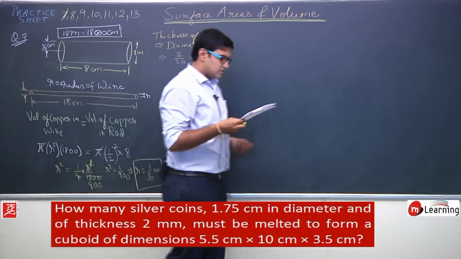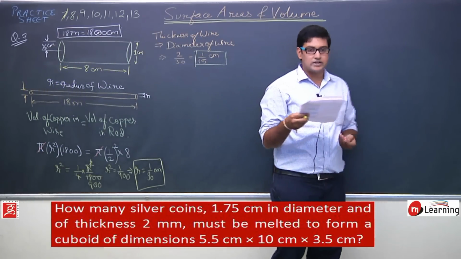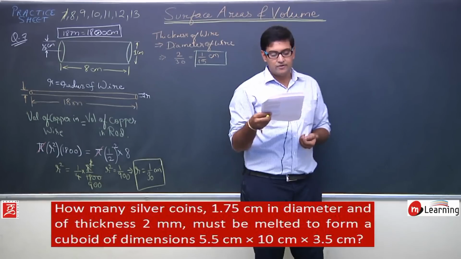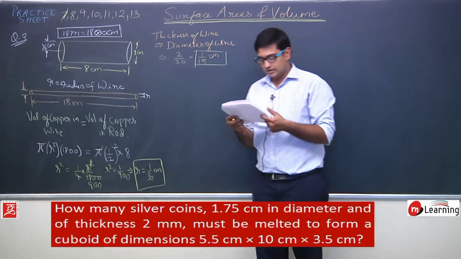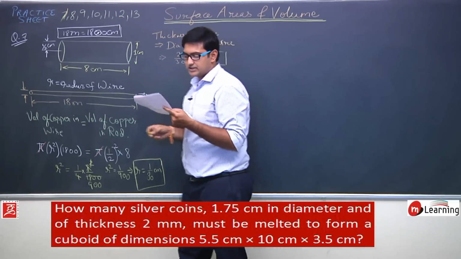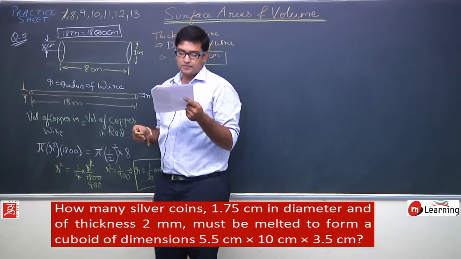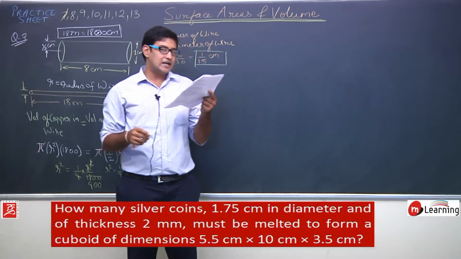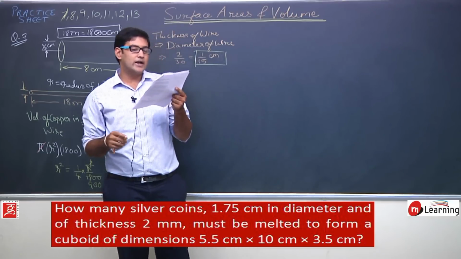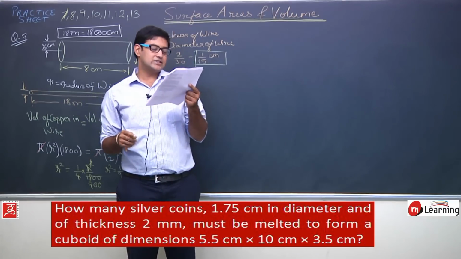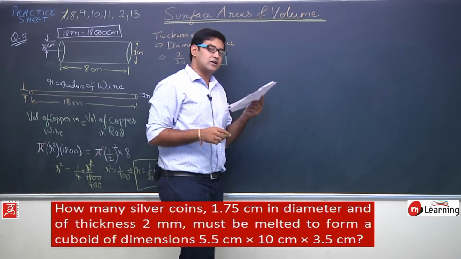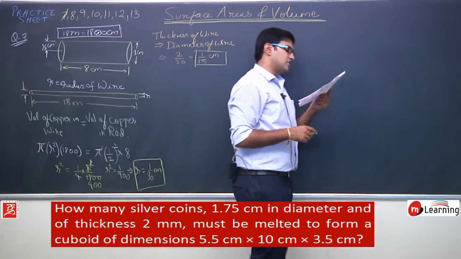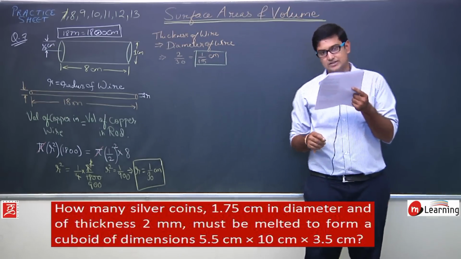Question number 8 is, how many silver coins 1.5 centimeter in diameter and of thickness 2 millimeter must be melted to form a cuboid of dimensions 5.5 centimeter cross 10 centimeter cross 3.5 centimeters. Okay.